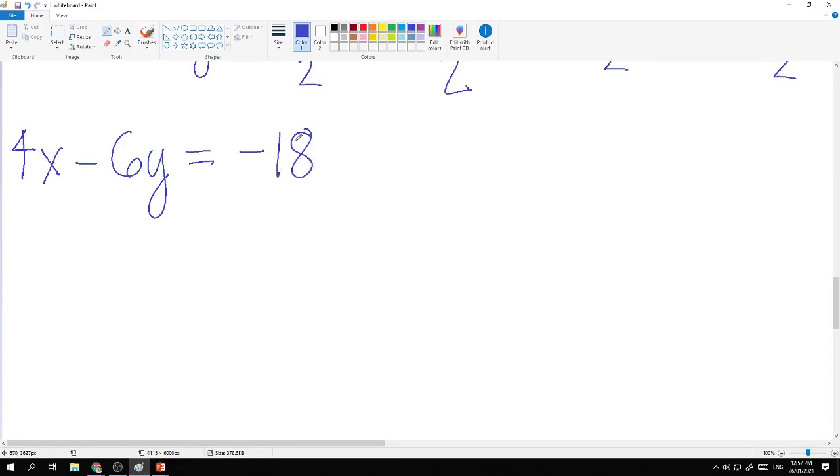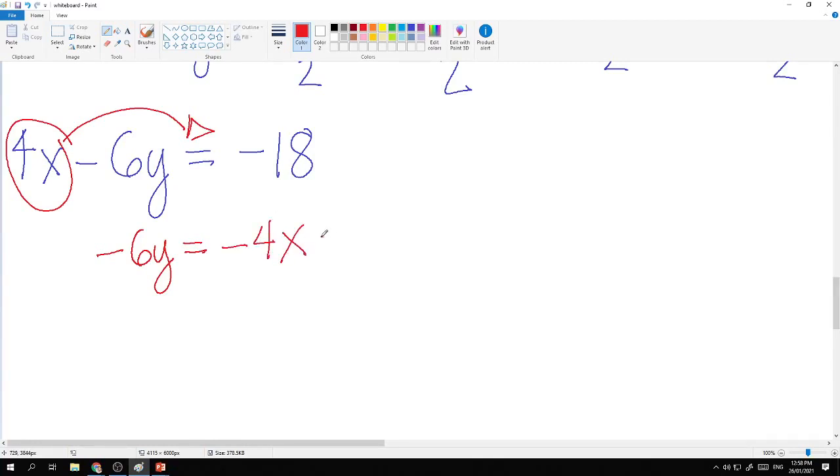Okay. This one, which term will we transpose? 4x only. So this is now negative 6y is equal to negative 4x minus 18. And what are you going to do next?